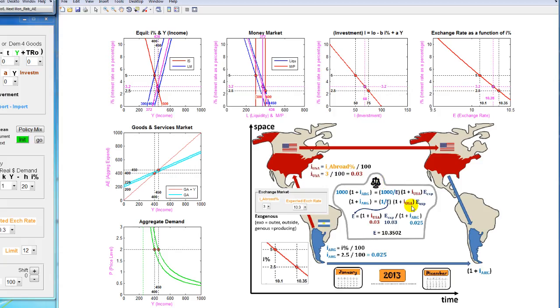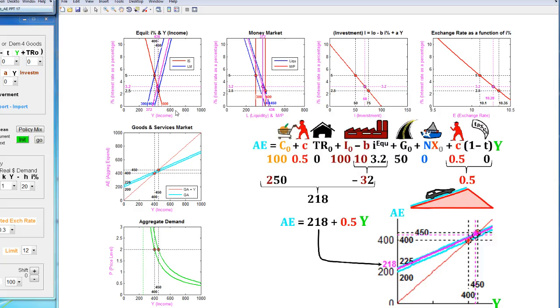if it is correct. Now we go here to the goods and services market, and here we have to use, instead of 2.5, that was the previous interest rate in equilibrium, we have to use 3.2.